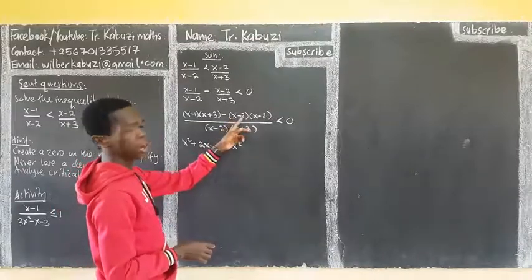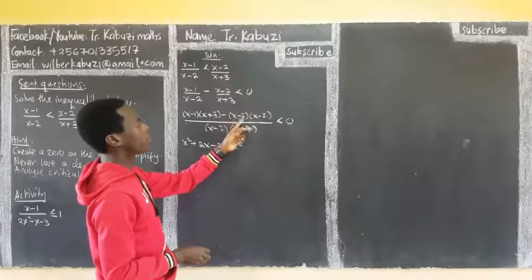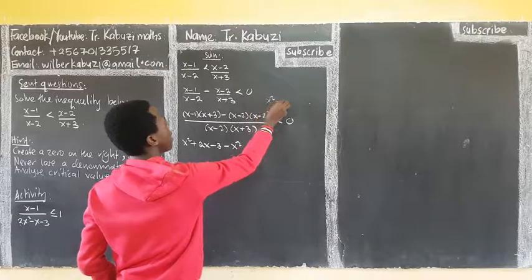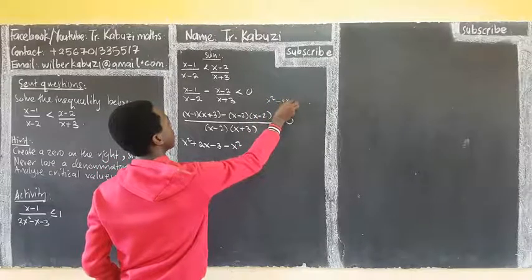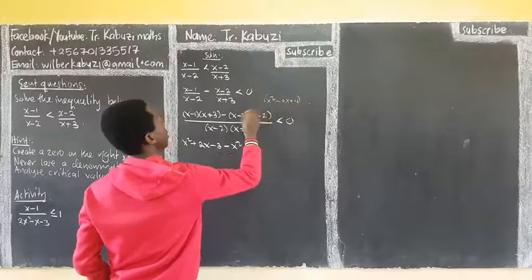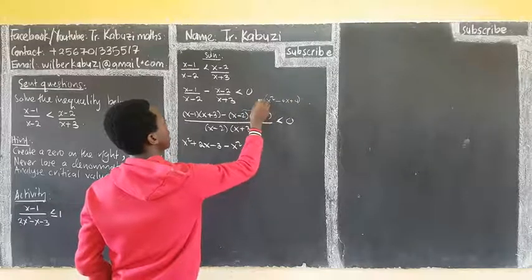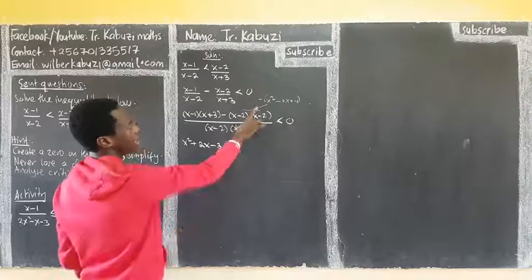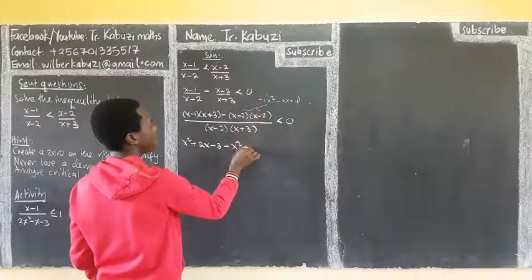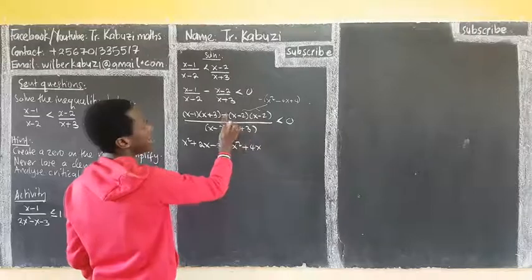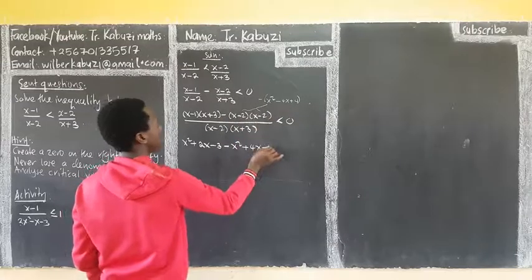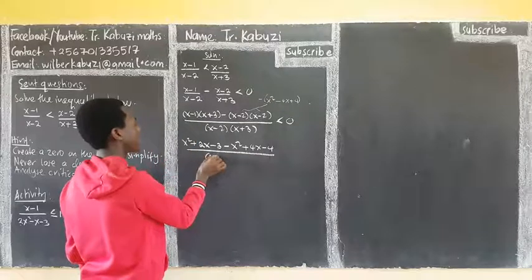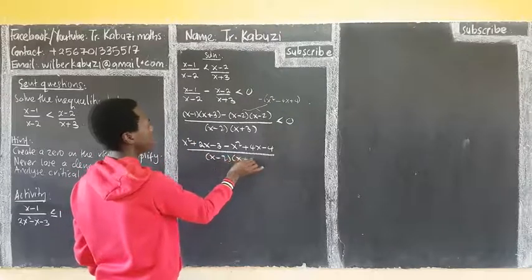When we open this, the whole of this is the same as x squared minus 4x plus 4. The whole of this is giving us this, but remember I have a negative outside. So now open back, so I get this, then this negative and this, that's why I'm getting positive 4x, then this negative and this, I'm getting negative 4. The whole over x minus 2, then x plus 3.